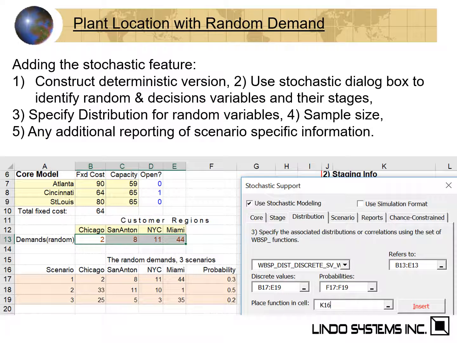And so we've shown a typical dialog box here, where we're specifying that the cells in B13 and E13 have a discrete distribution, and that the discrete values are stored in the range B17 to B19, and then that gets stored in the spreadsheet. So it's relatively straightforward to insert the stochastic information into a spreadsheet.